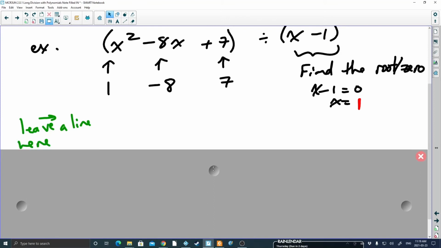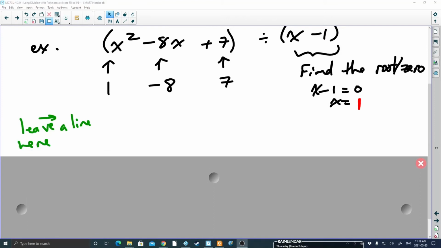So in order to set this up properly on a page, once you've listed your three coefficients of your dividend, you're going to skip a line, okay? Because you're going to be writing stuff in there. And here's your first introduction to how synthetic division works.